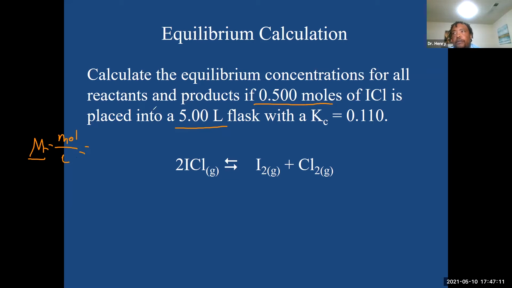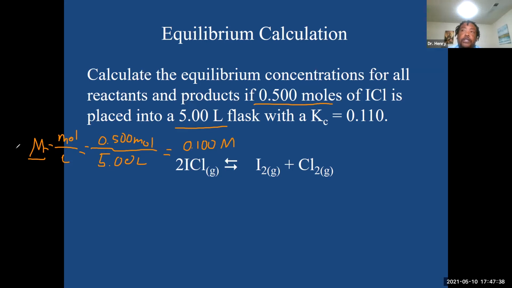And so in this case, we have 0.500 over 5.00 liters. So we get the molarity is 0.100 molar.